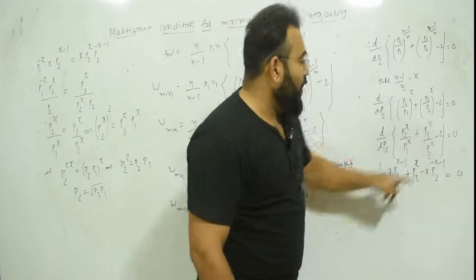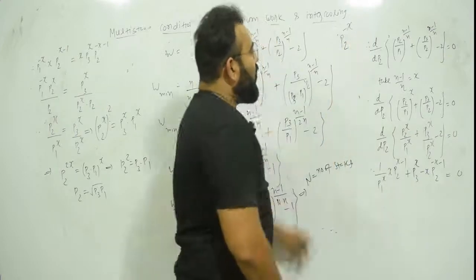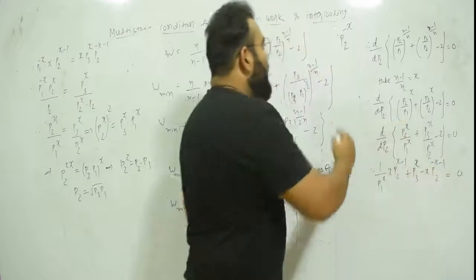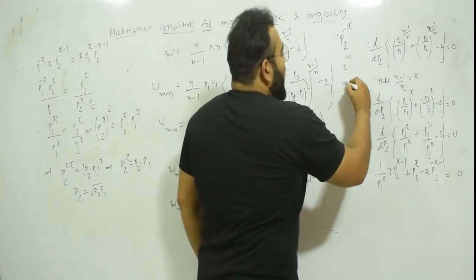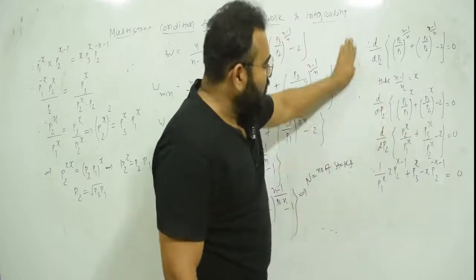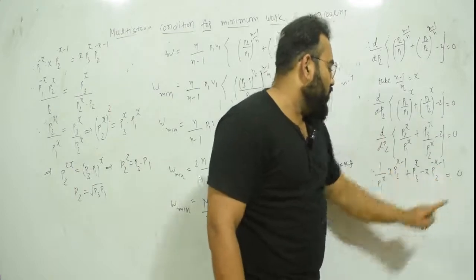So here 1 upon P2 raised to x. Can I write this as P2 raised to minus x? So minus x will be ahead, and P2 raised to minus x minus 1. Why? Because the derivative of x raised to n is n into x raised to n minus 1. So that is what I have done over here. So it will be minus x ahead, P2 raised to minus x minus 1, equals 0.